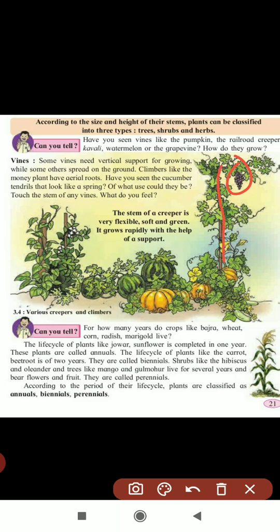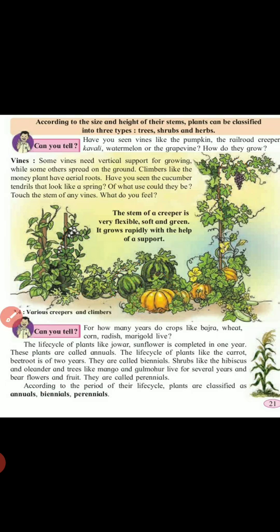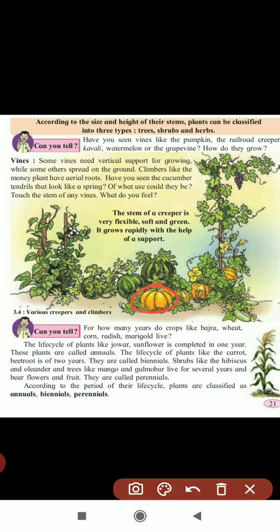Again, some others spread on the ground. If you look at the pumpkin and the watermelon, they are spreading on the ground. Why? Because they have very heavy fruits. If they grew vertically, their weight is so high that they would fall down and need more support, that's why they spread on the ground.